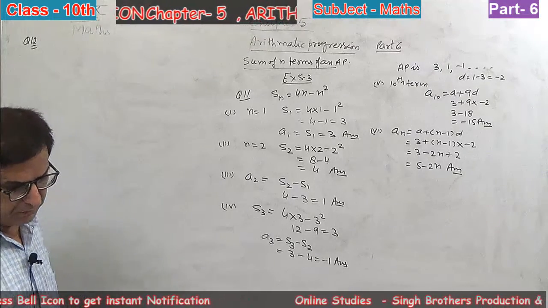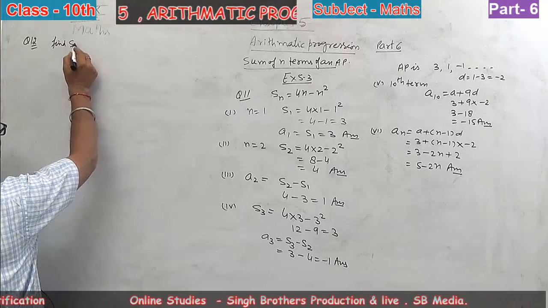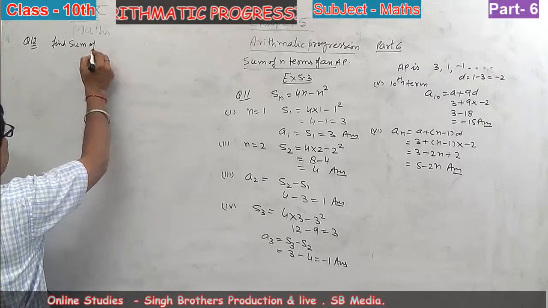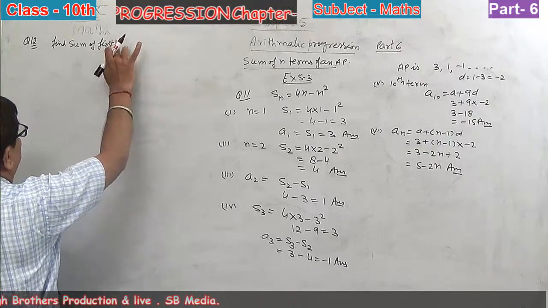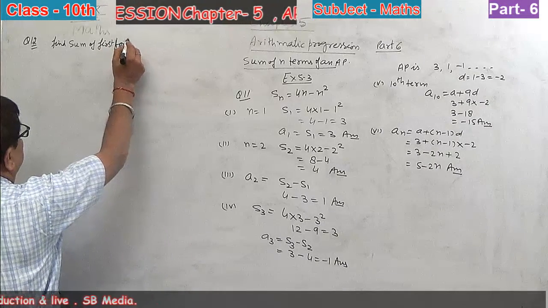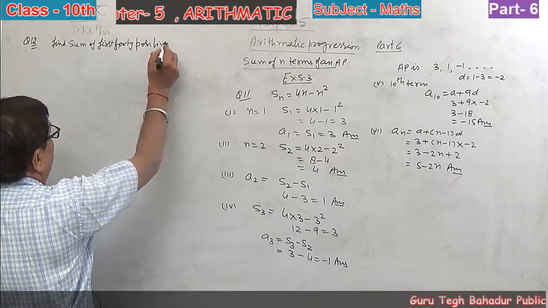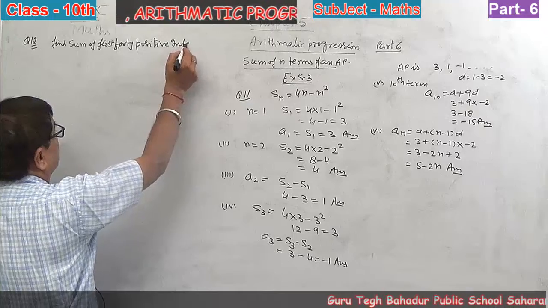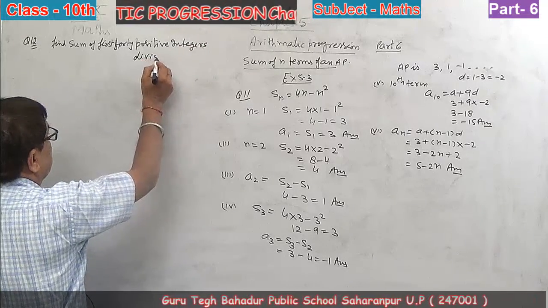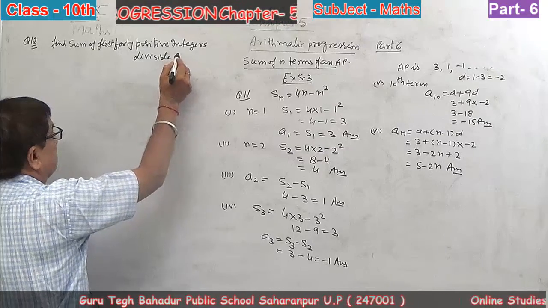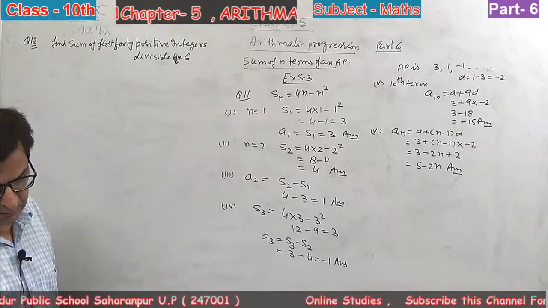Find the sum of the first 40 positive integers divisible by 6.